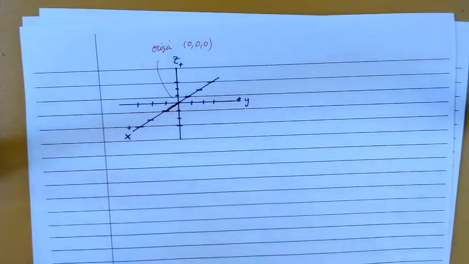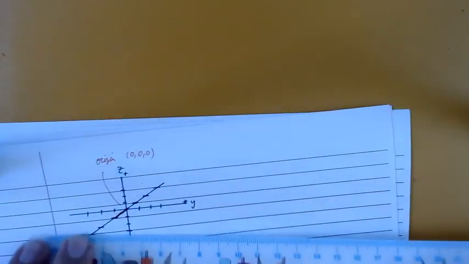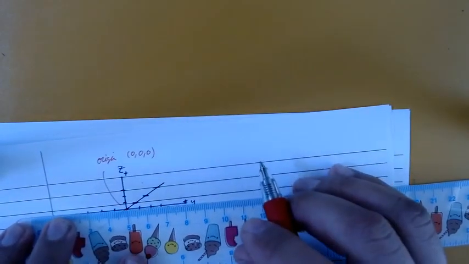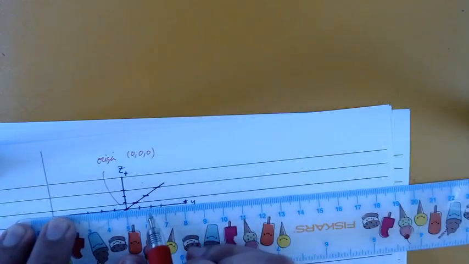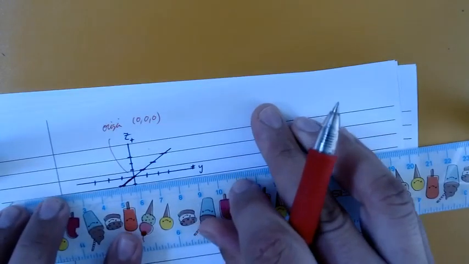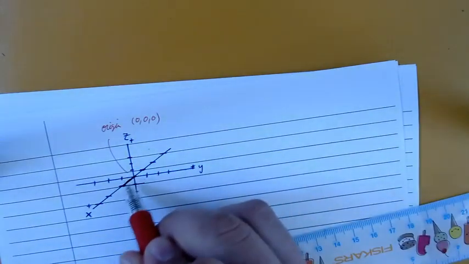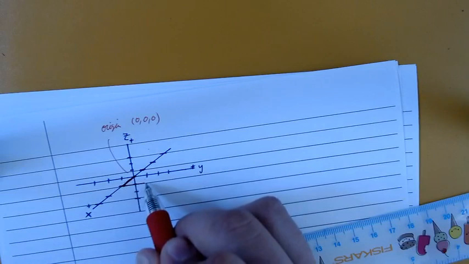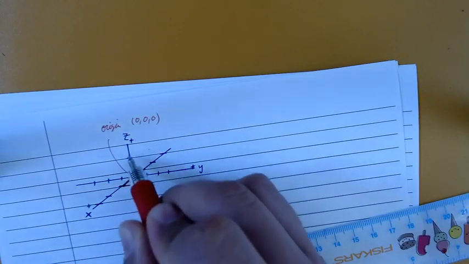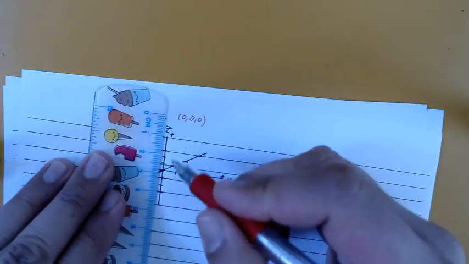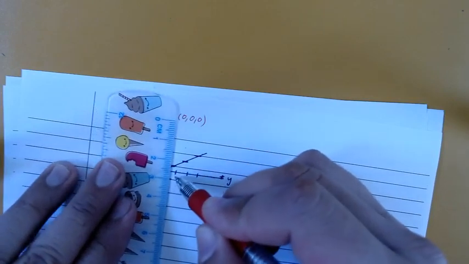So from here, 2 steps in the y direction is about that far. So 1 step in the x direction, 2 steps in the y direction, and then let's say 3 steps in the z direction. 3 steps in the z direction is about that far.